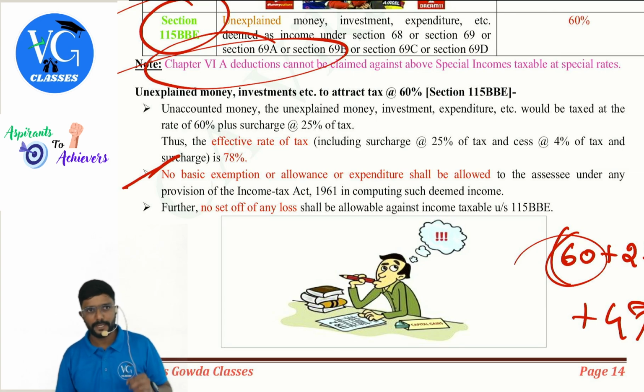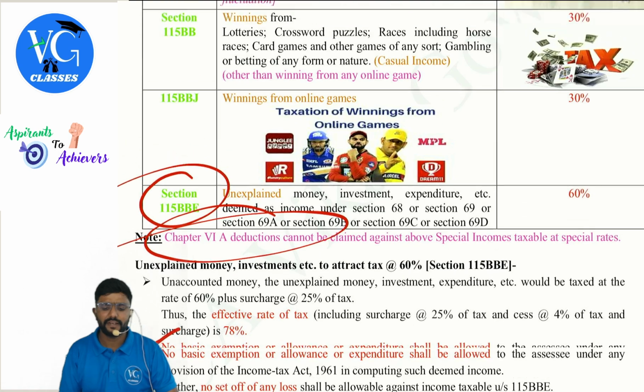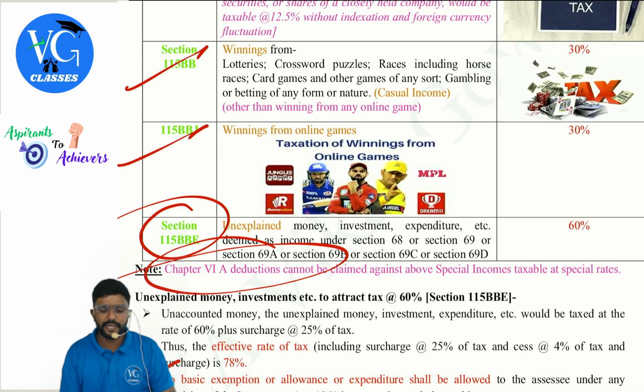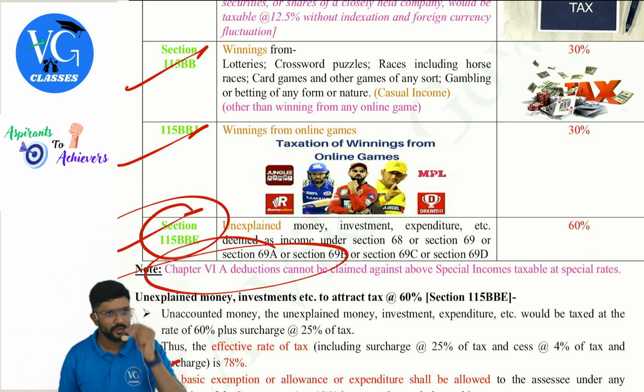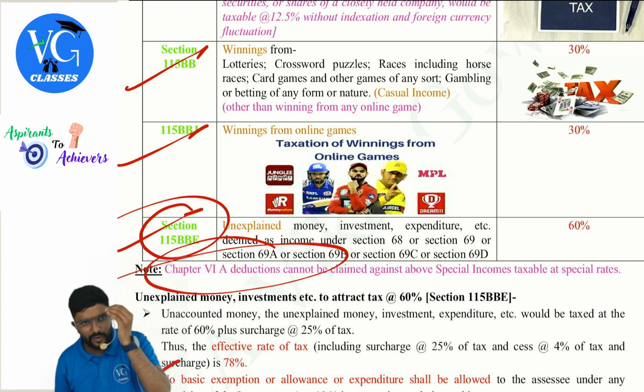Listen, one important thing. Guys, I am a slab rate assessee. I have only 3 lakh income under 115BB or 115BBJ or 115BBE. Can I enjoy the basic exemption limit? No. The entire 3 lakh will be taxed at whatever rate is given under the respective section.